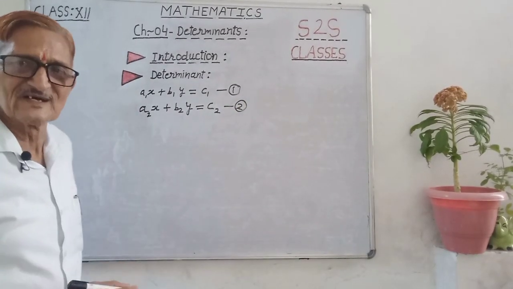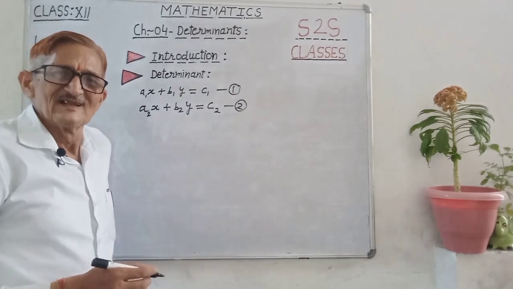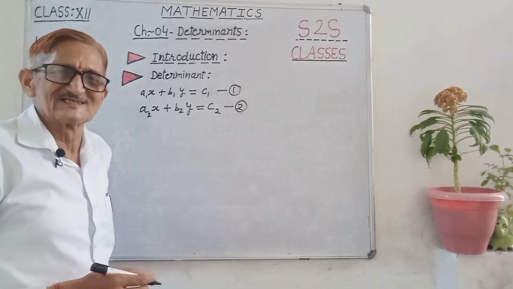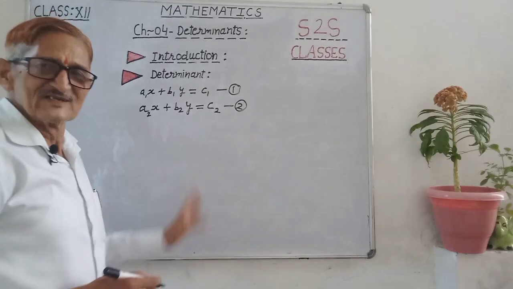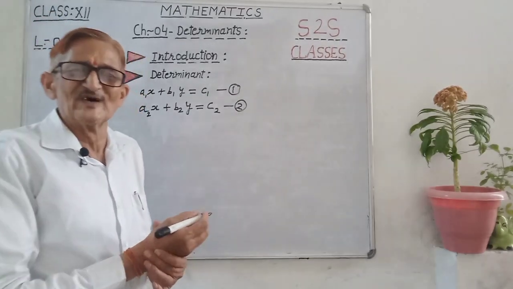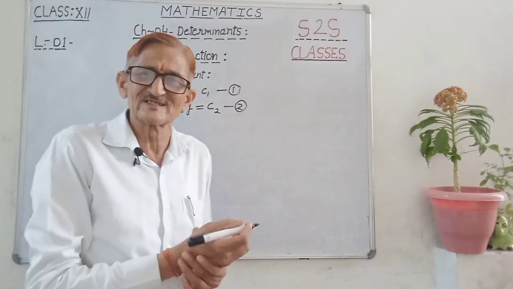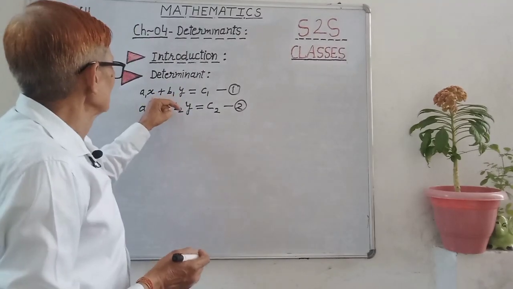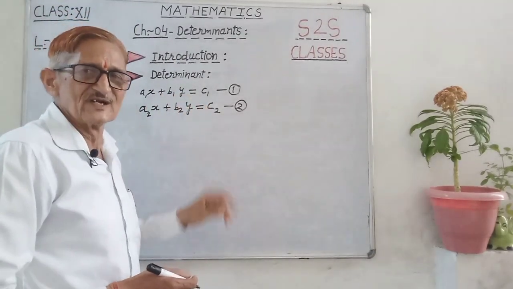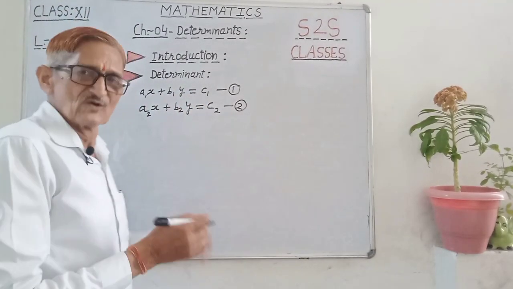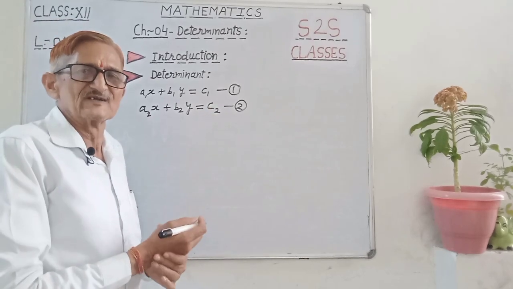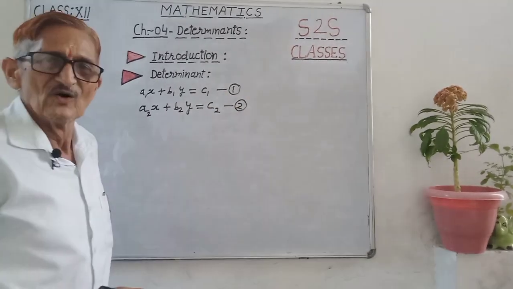Now these are the algebraic linear equations in 2 variables, x and y. Here a1, b1, c1, a2, b2, c2 are real numbers: a1 is the coefficient of x, b1 the coefficient of y, and c1 and c2 are the constant terms.